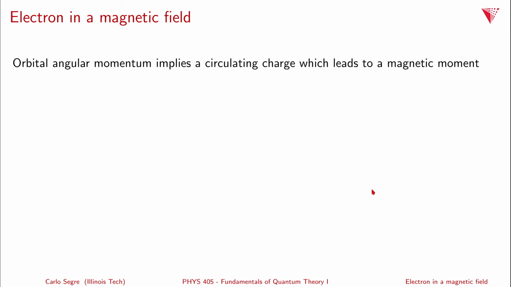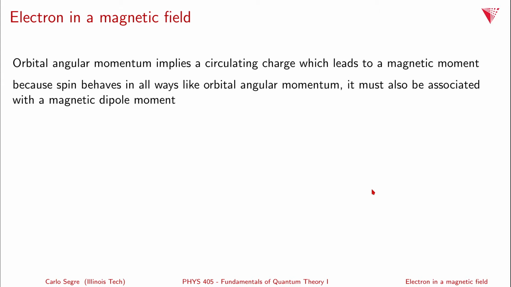So, orbital angular momentum implies a circulating charge for an electron in a hydrogen atom, for example. That orbiting charge, or circulating charge, leads to a magnetic moment. Similarly, because spin behaves just like orbital angular momentum, it must also be associated with a magnetic dipole moment.